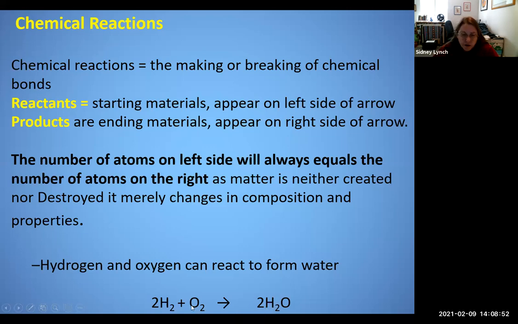You have 1 O2, that's 2 oxygens on this side, and on the other side of the arrow you also have 2 oxygens. We'll be reading some chemical equations, and they should always be balanced. Matter shouldn't disappear out of a chemical reaction. It's one way to make sure you've got the right reaction, that everything is balanced from one side of the arrow to the other.